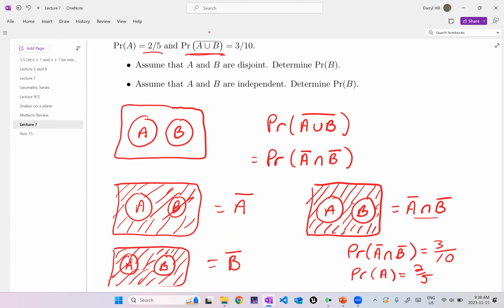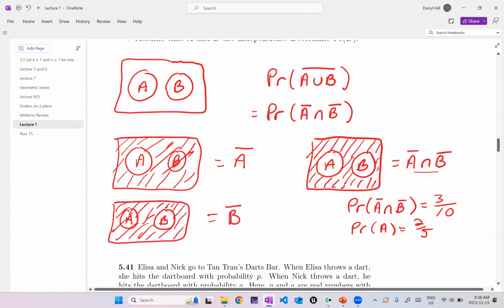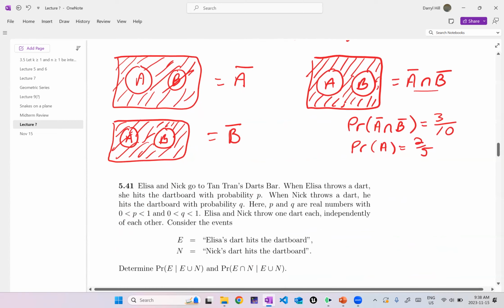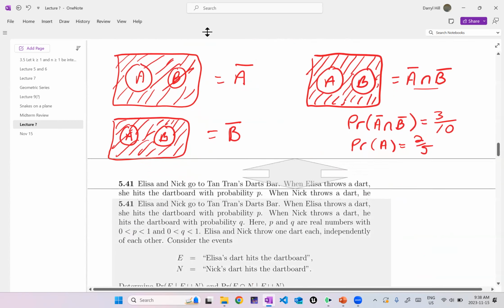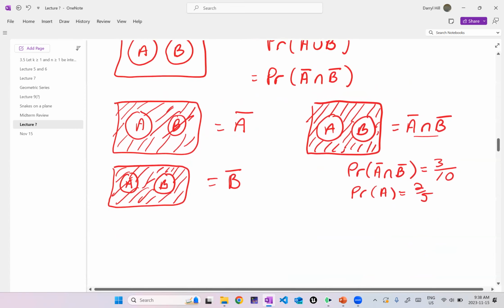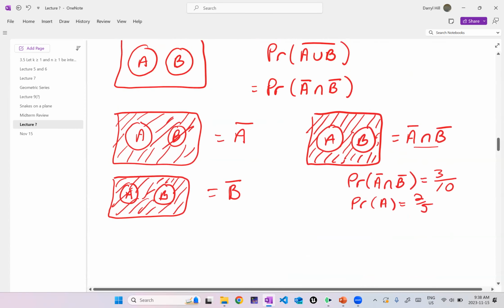Okay, and I want the probability of B. So how do I get it? Yeah. Could I? Bayes theorem? Perhaps. Those might work. That's not really what I had in mind, though. I think we can do something a lot simpler.